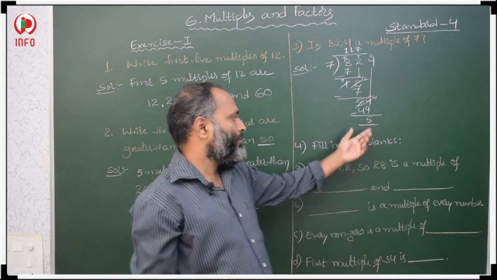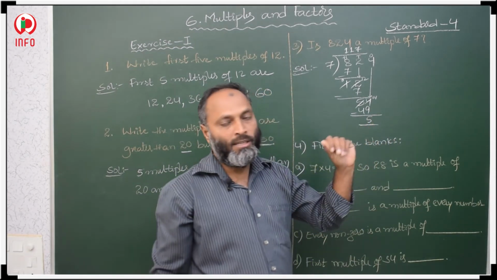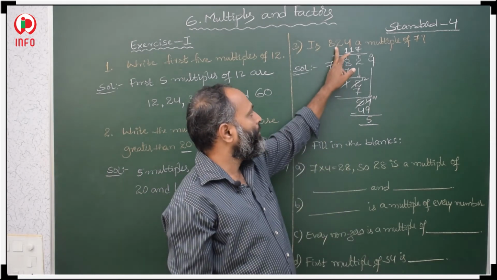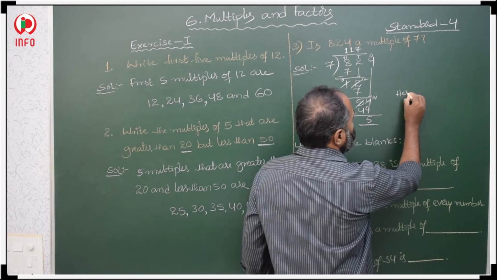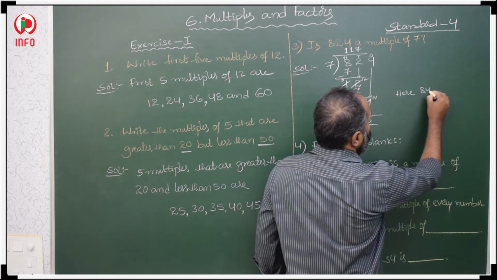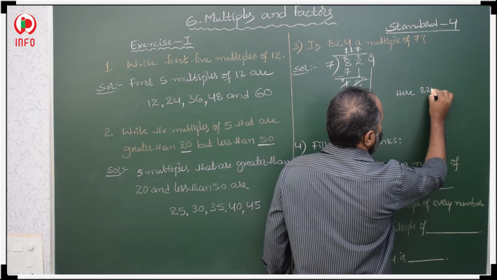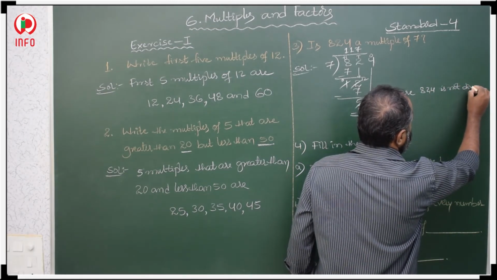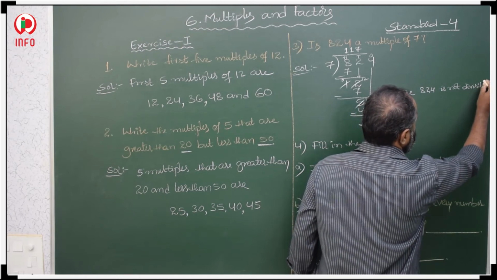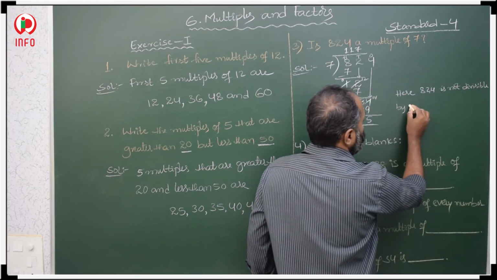If some remainder is left, it means it is not a multiple of 7. So here 824 is not divisible by 7.